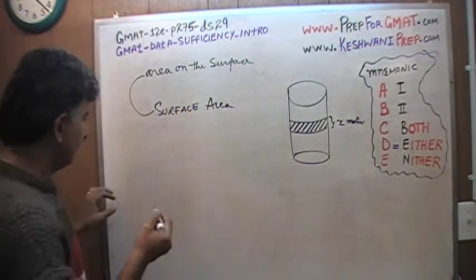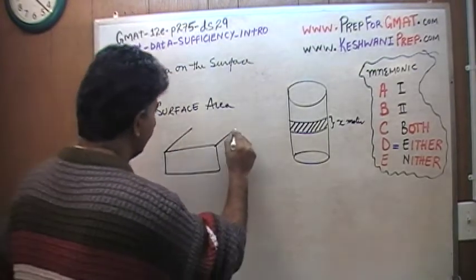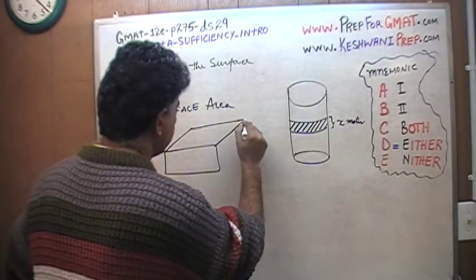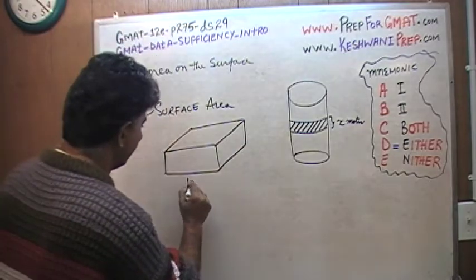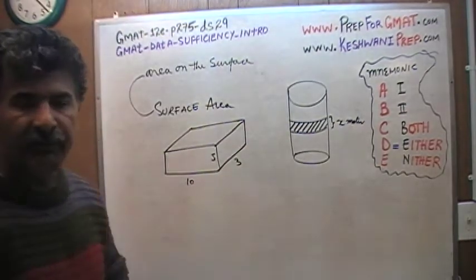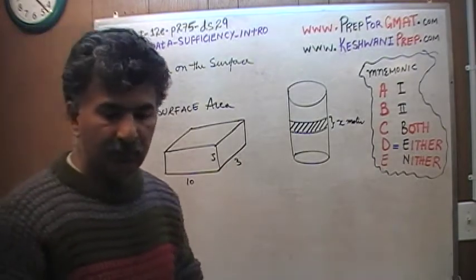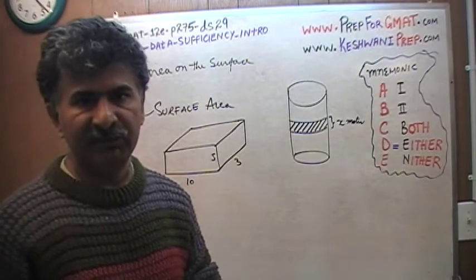I'm going to give you a quick example. If we have a rectangular box, let's say 10 by 3 by 5, what is going to be the surface area of this box? This box has what are known as faces. It has 6 faces.